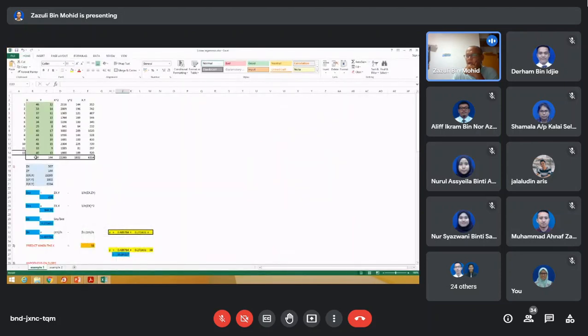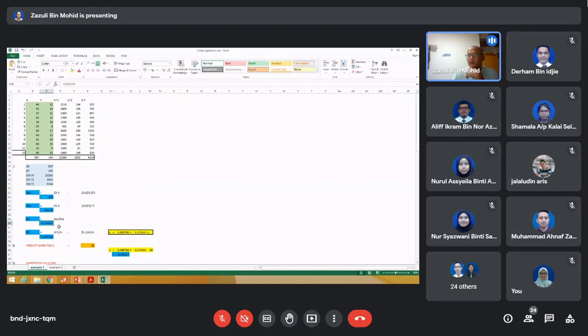I calculated using the formula, and we have the formula here, and from the calculations you can have the value of beta 0 and beta 1, where beta 1 is equal to C24 divided by C27. Okay, C24 is the SXY divided by SXX.